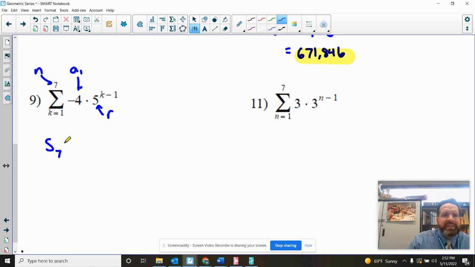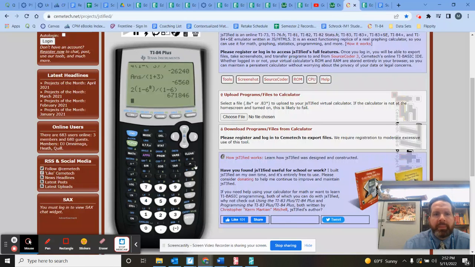So the sum of the first 7 terms is -4, 1 minus 5 to the 7th over 1 minus 5. Then divide that by, in parentheses, 1 minus 5.